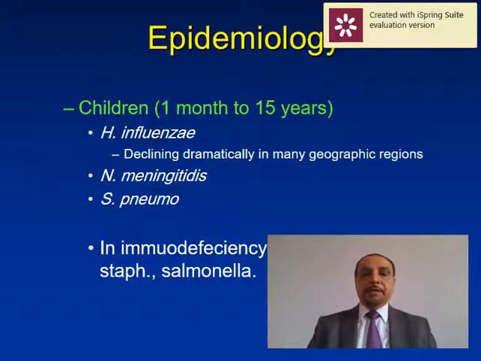In immunodeficiency, we have more organisms like Pseudomonas, Staph, or Salmonella.